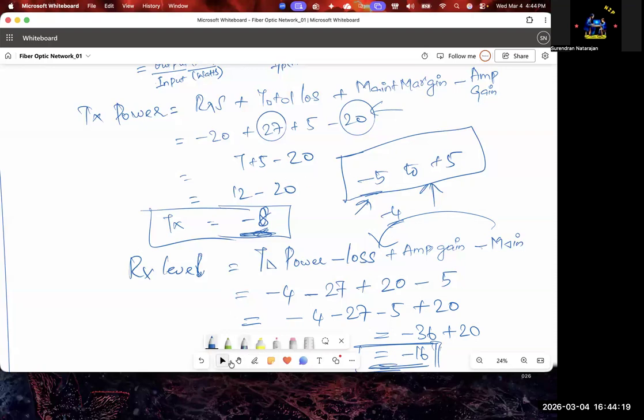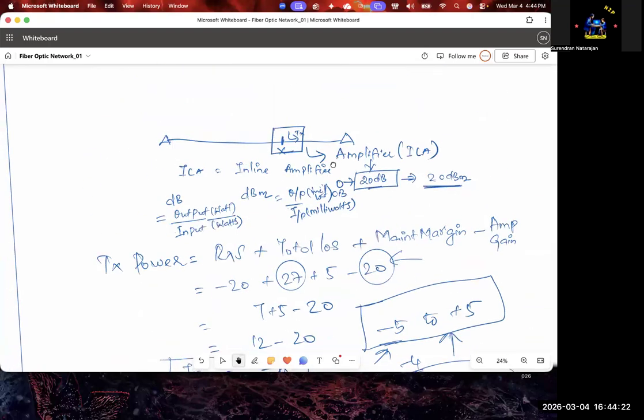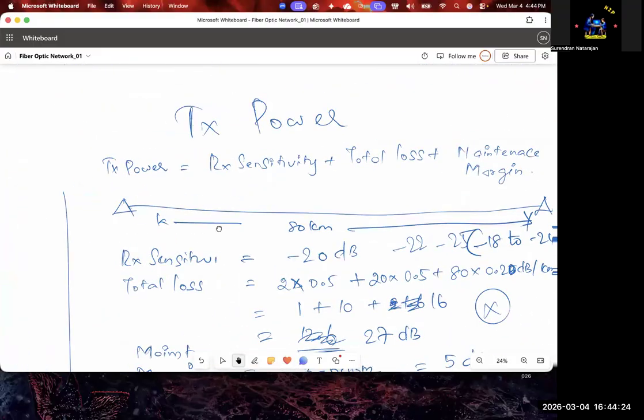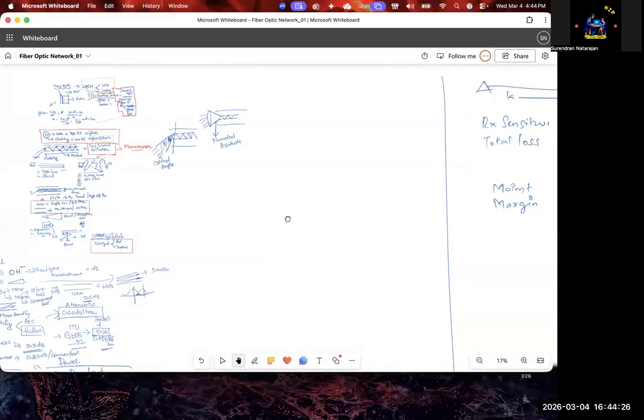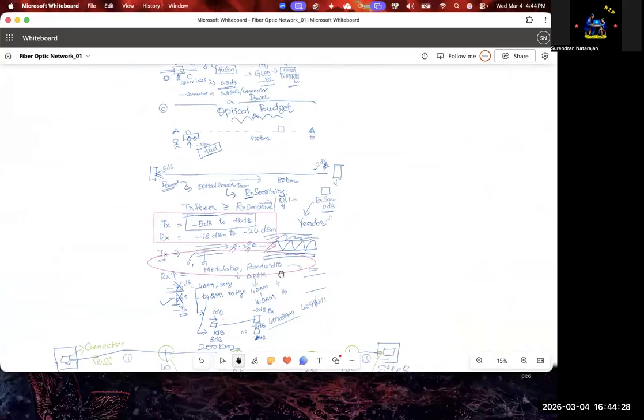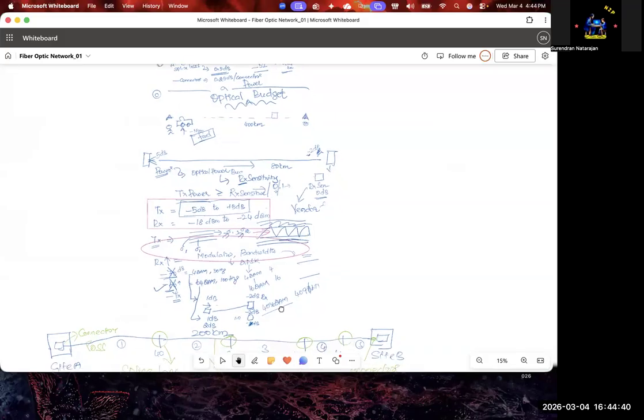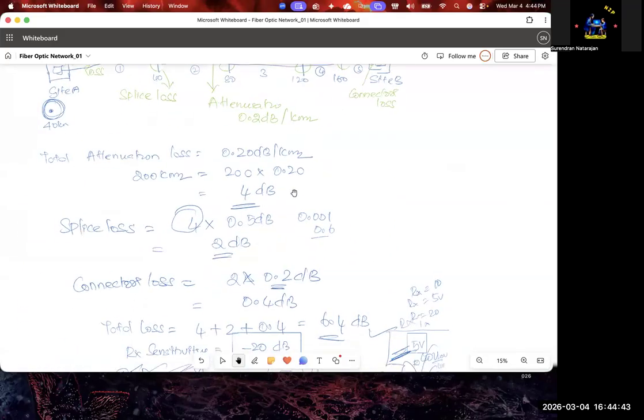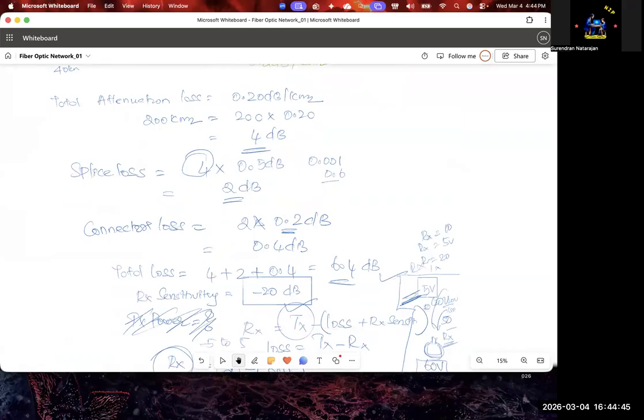Yesterday you asked me, what is the range for the RX? For receiver sensitivity, I guess, in dBm. Let me find out the range with Google. One second.